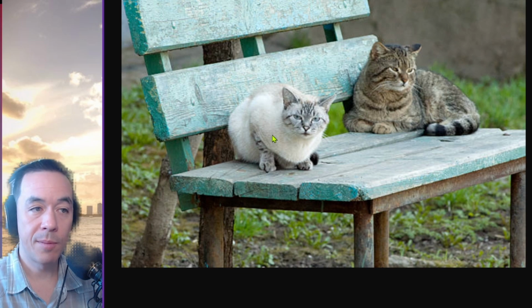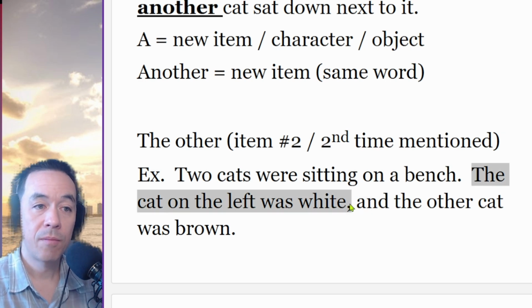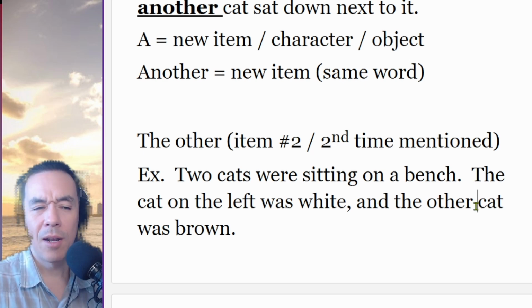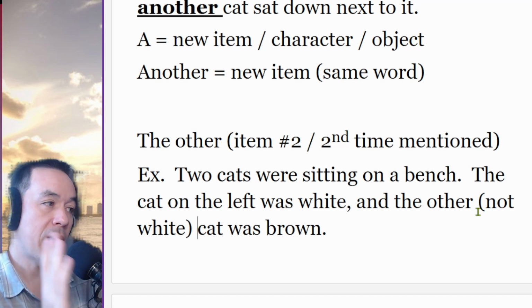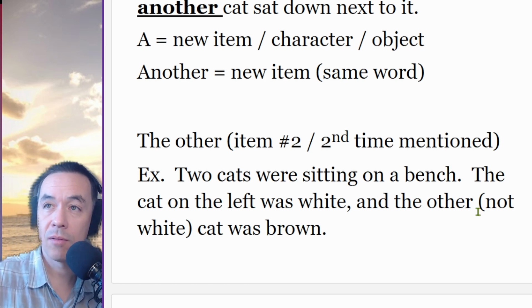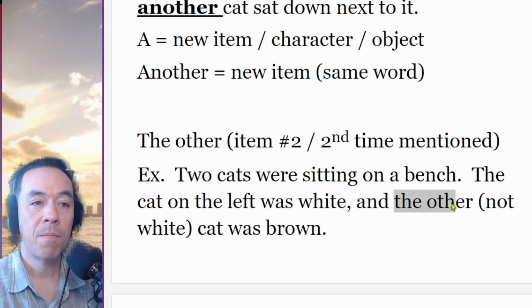So, cat number one, cat number two, mention number one, and then second time mention here. The cat on the left was white. The other cat, now other cat, that just means not white. So the cat on the left is white, and the other means not white. And I'll tell you, it was brown.